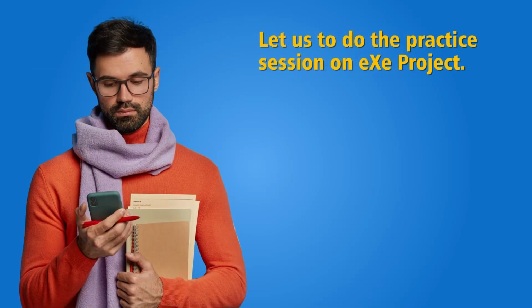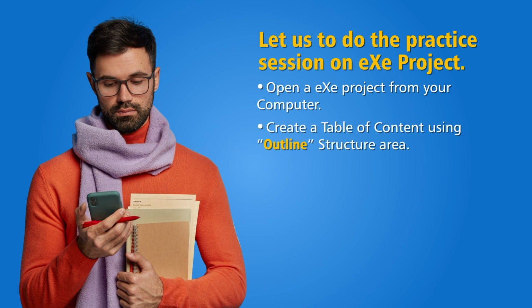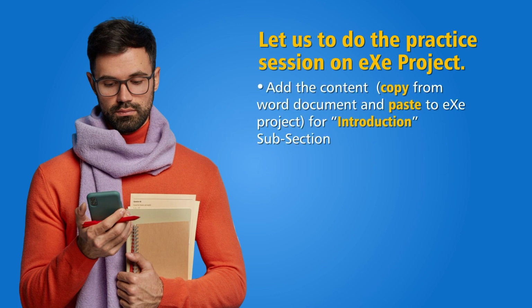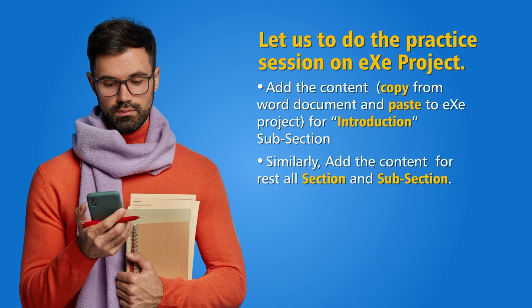Now let us do the practical session on an eXe project. For this purpose we have to open one project and create a table of content, which is an outline structure, and also add one unit from a Word document and save the project file. Later we will copy and paste each section, and also create a subsection and add the content, using the copy and paste approach for the main sections and subsections.